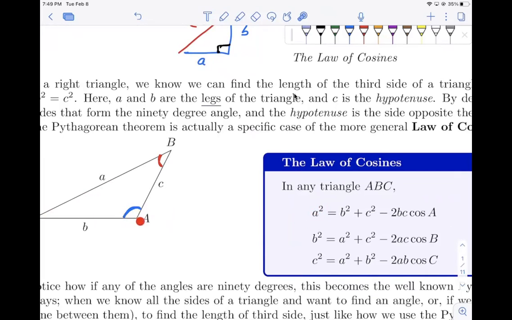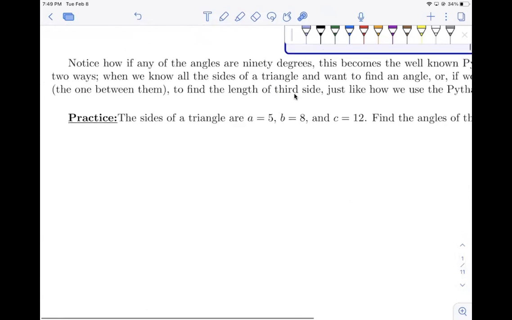And the two sides that form angle A, side B and side C, are together on the other side. So it looks just like the Pythagorean theorem with this extra term, where we're multiplying those two sides that form the angle, as well as the cosine of that angle.